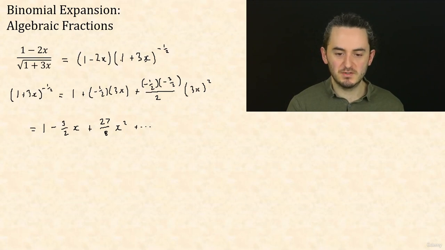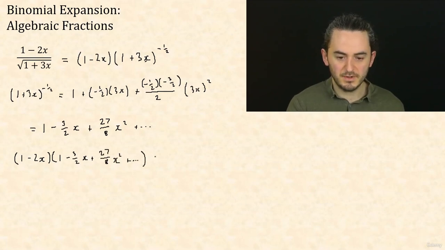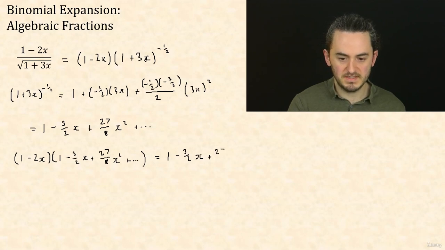Okay, so what's my original problem here? Well, it's (1 minus 2x) multiplied by (1 minus 3 over 2 x plus 27 over 8 x squared). So if I expand this, here's what I get. I'll do 1 times everything in the bracket first. So I get 1 minus 3 over 2 x plus 27 over 8 x squared.